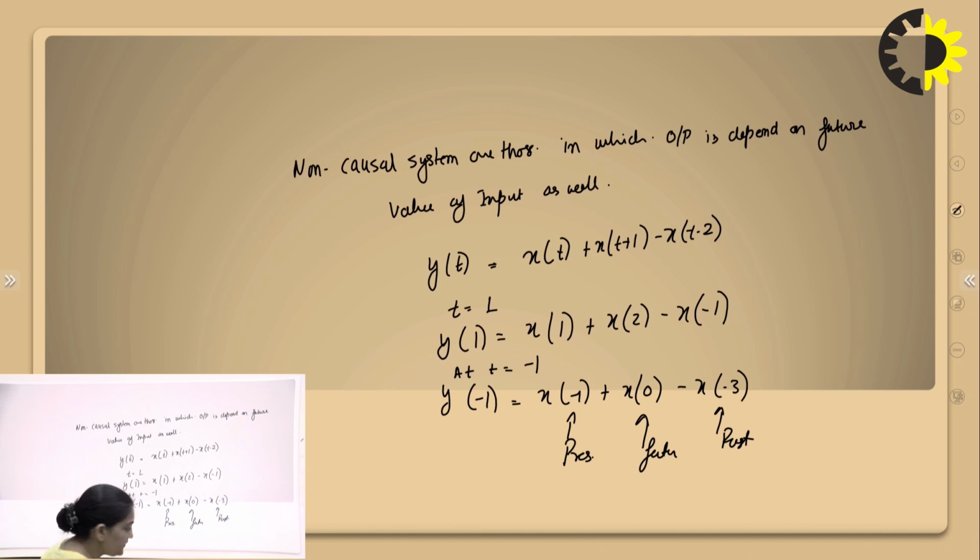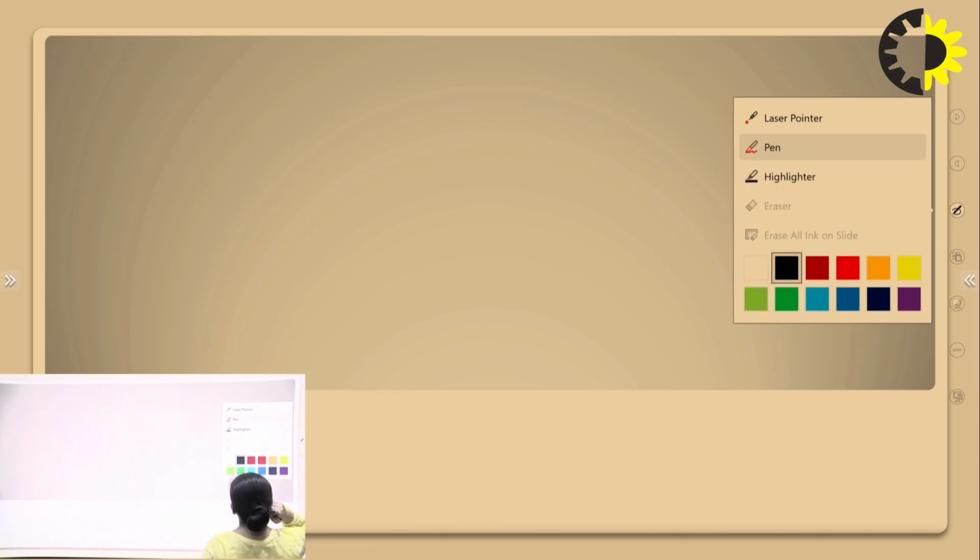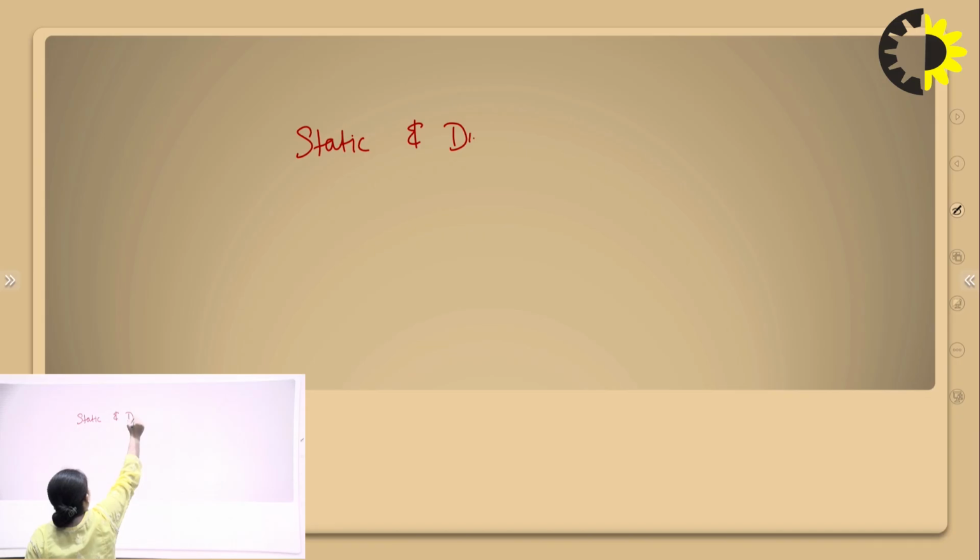Okay, let's move forward. I forgot to mention one very important kind of system, that is the static and dynamic system.